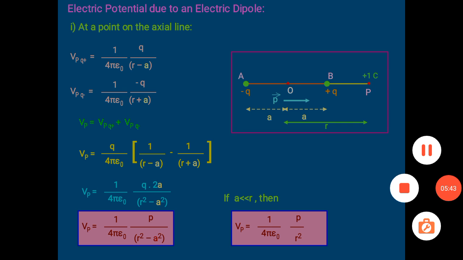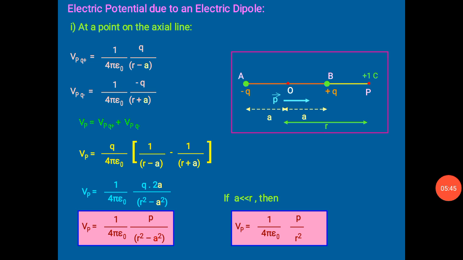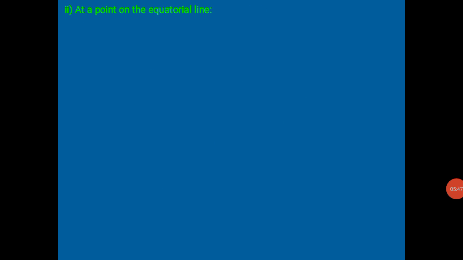Is it clear? Okay. So now case 2, electric potential at a point on the equatorial line or equatorial plane. See, the same charges q and minus q are separated by distance 2a.